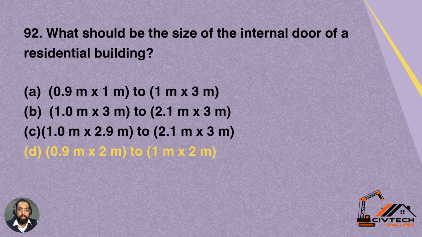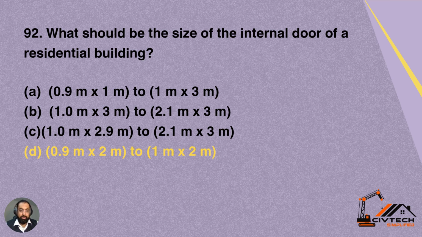Question 92. What should be the size of the internal door of a residential building? Option A is 0.9 meter into 1 meter up to 1 meter into 3 meter, B is 1 into 3 meter to 2.1 into 3 meter, C is 1 into 2.9 meter to 2.1 into 3 meter, D is 0.9 into 2 meter up to 1 meter into 2 meter.